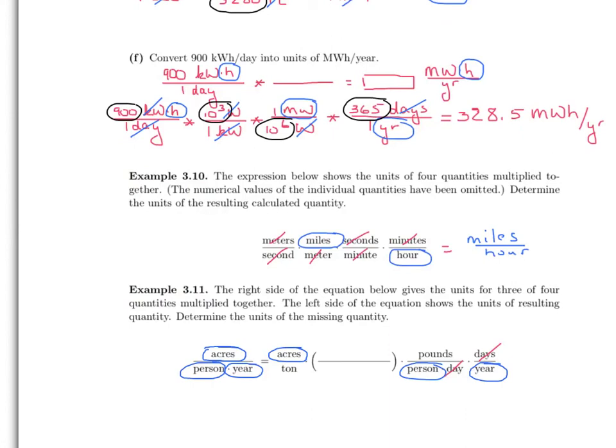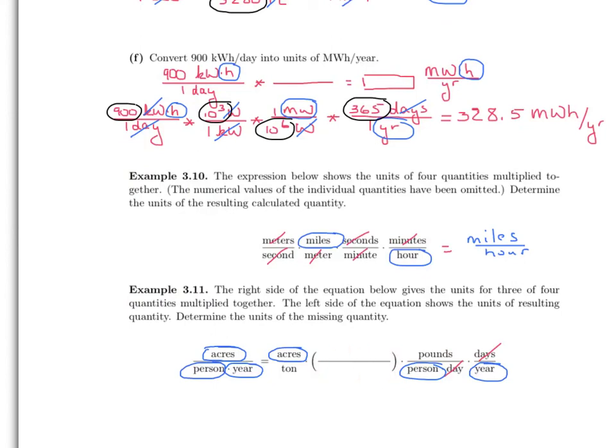All other units on the right side of the equation have to cancel. So that means we have to deal with the pounds and the tons. These units here have to cancel, which tells us what this fraction here, what its units would have to be.